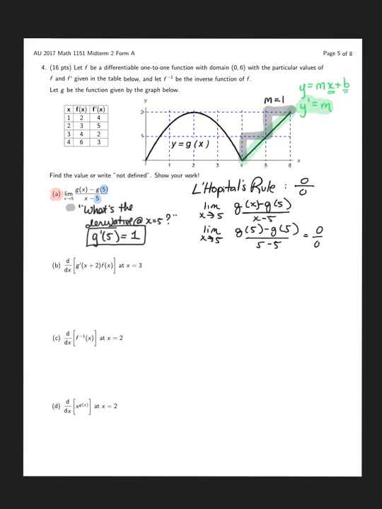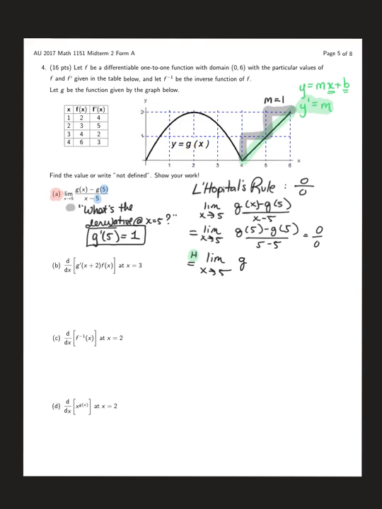So L'Hopital's rule allows us to take the derivative of the numerator and the derivative of the denominator and then evaluate the limit again. So we can say the limit as x approaches 5, and I'll put equal signs here, and every time I use L'Hopital's rule, I always put an H just to signify that I am using that rule. That's how I got to this step.